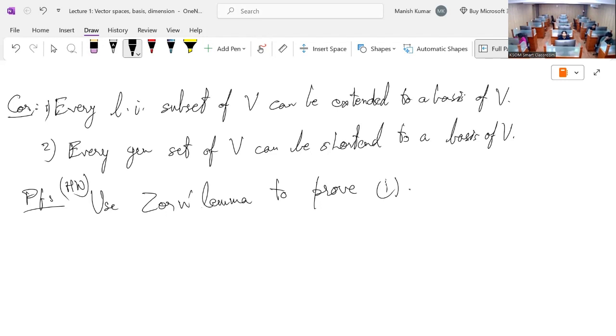So maybe this corollary itself is homework. You try to use this theorem. Zorn's lemma and the axiom of choice are all equivalent set theoretic statements. So you try this homework. If you can't do it, then we will discuss it in the next class.